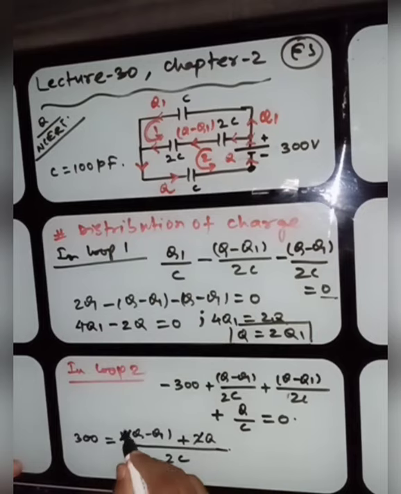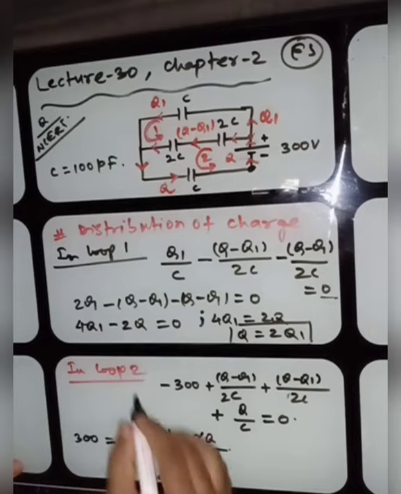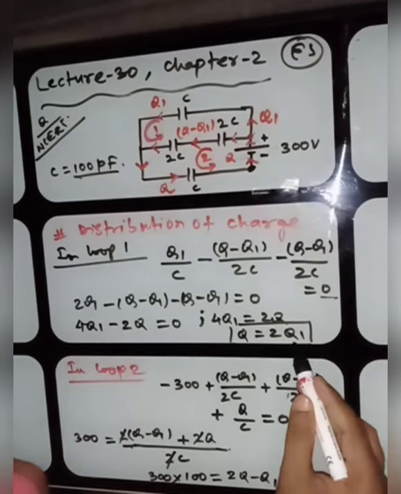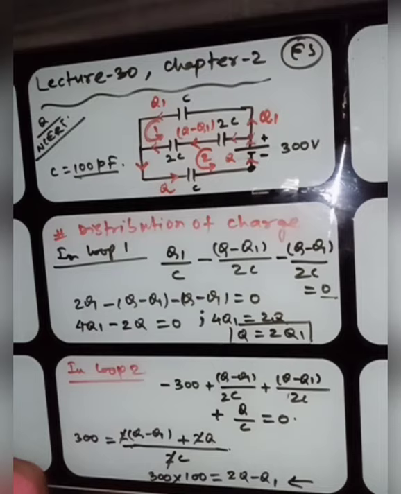Taking this common, this 2 will cancel out. So you can write it as 300 times C, which was 100 picofarad, equals 2Q minus Q1. You can simplify this equation by putting the value of Q1 or Q over here, then you will have one variable.